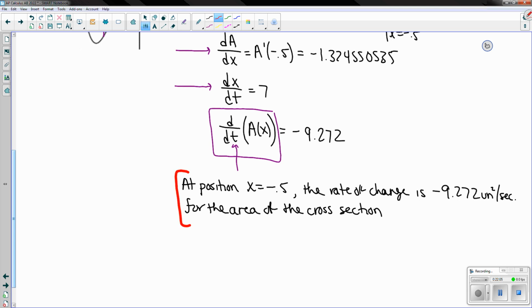So we want to make sure we are showing the grader that we're recognizing that at this specific position, the rate of change is this for the area of that cross section. So that is all of question 2 for the 2022 AP Calculus AB free response section.